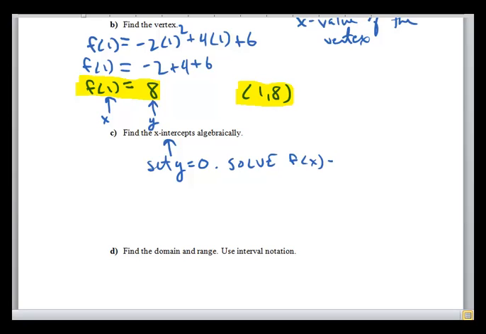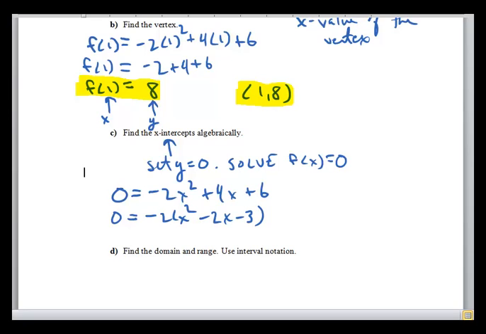So you're solving f of x equals 0. So basically you're replacing the left side with 0. So you solve the equation 0 equals negative 2x squared plus 4x plus 6. And what I would do here is I would solve this by factoring. So I first factor out a negative 2, and then I'm left with x squared minus 2x minus 3.